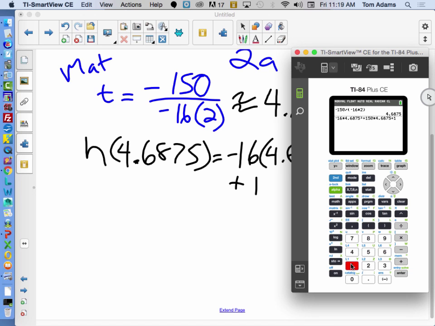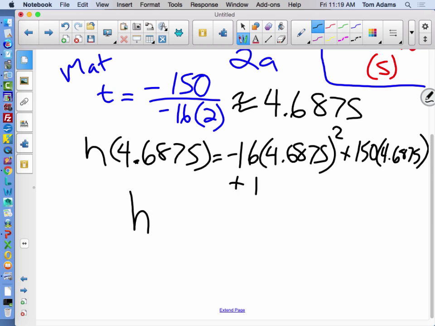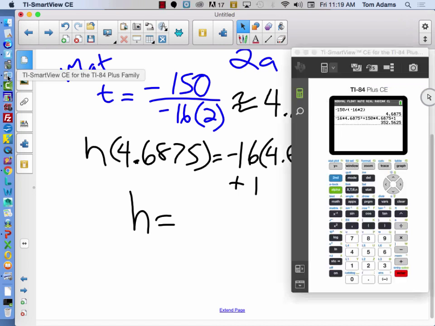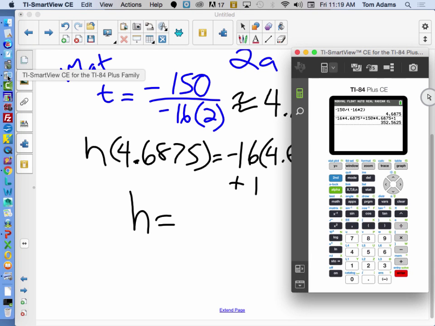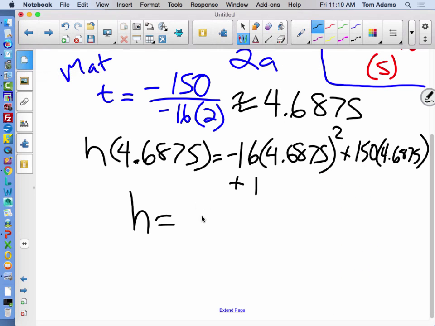I typed it in the calculator right, but I believe I said it wrong. Okay. So it's going to be 352.56. So we think that the maximum height is going to occur at 352.6. Let's just say that. 352.6 feet.